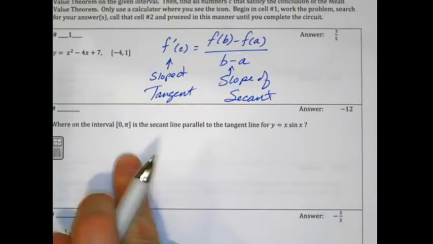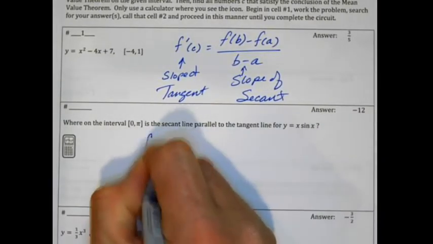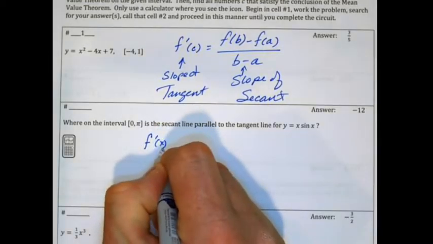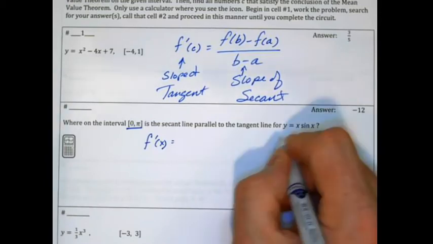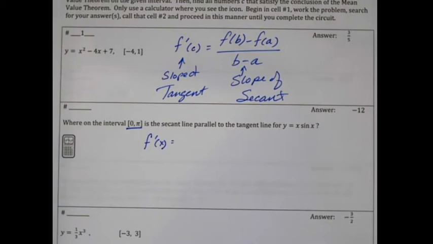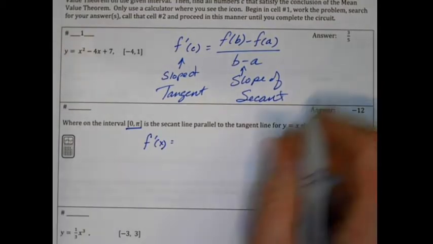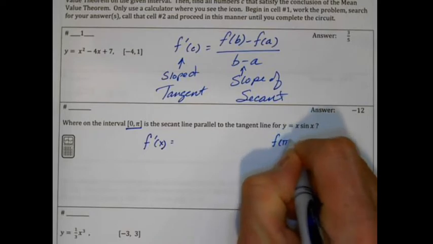So in number 2, we need to make sure that we find what f prime is, and we need to know what the interval is. We can do this with a little bit of algebra first.